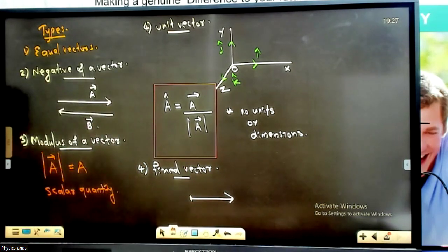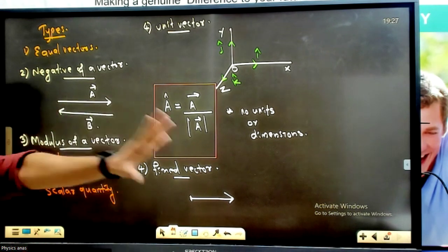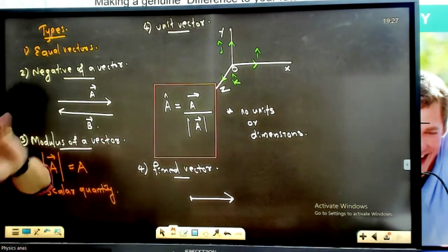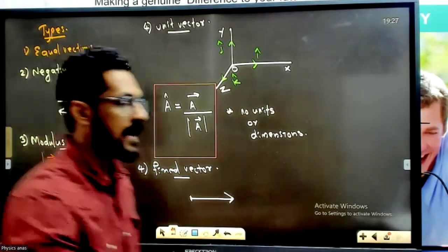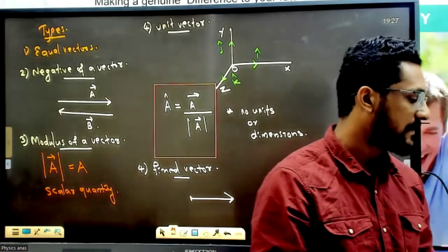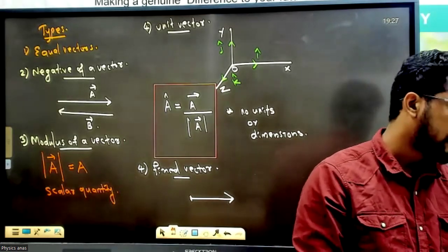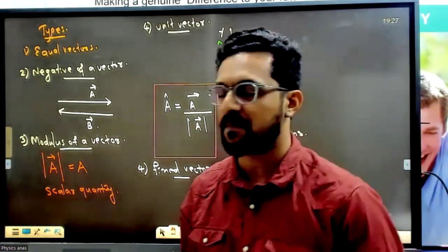You cannot displace it from that point to anywhere. That's a fixed vector. A vector whose initial point is fixed.